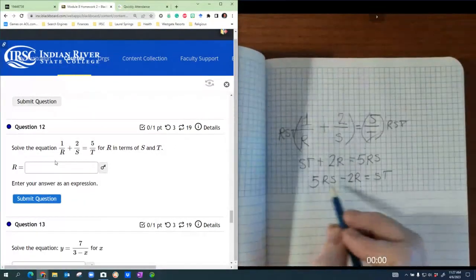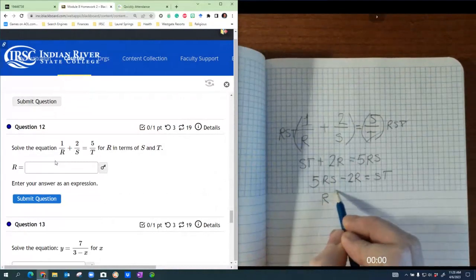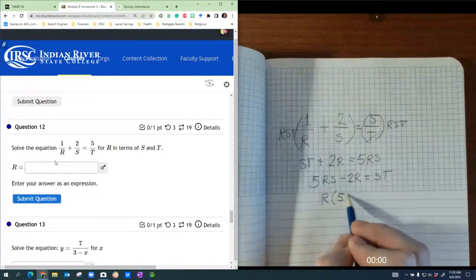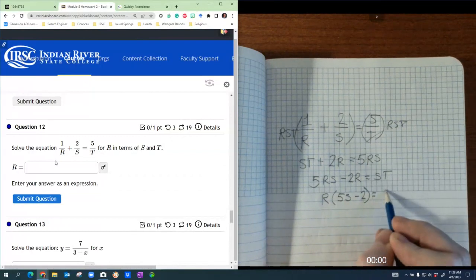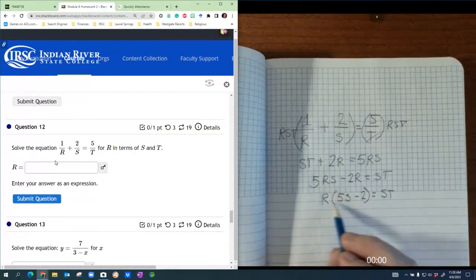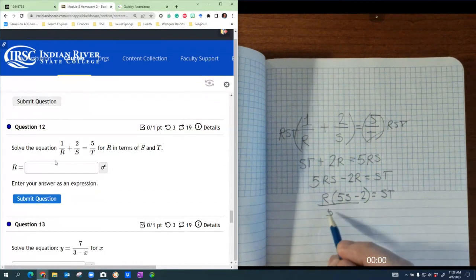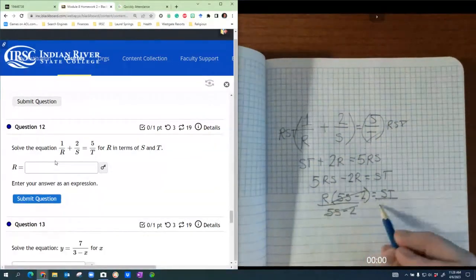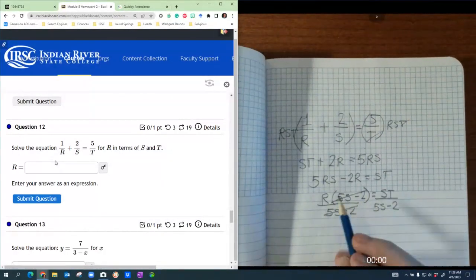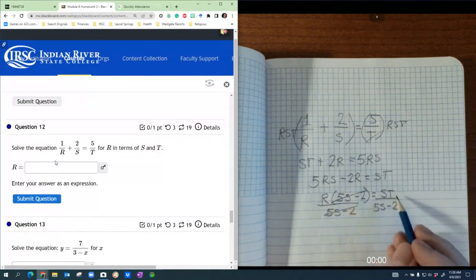Now I got the R's together. I'm going to factor out the R. So I have 5S minus 2. And then I'm going to go ahead and divide both sides by 5S minus 2. All right, now we have R equals this.